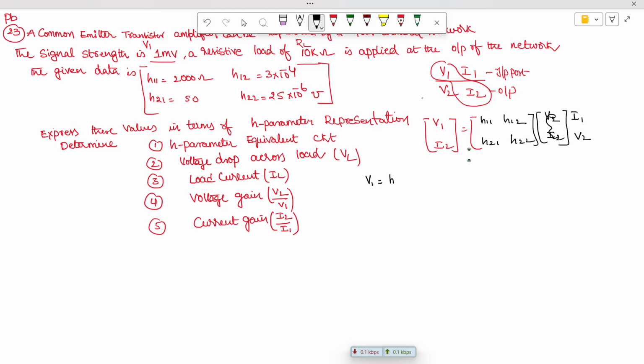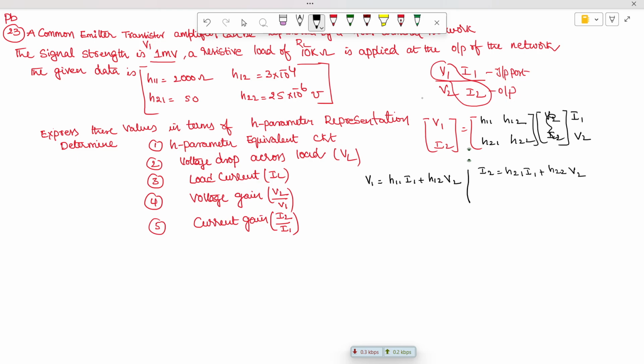So V1 is equal to H11 I1 plus H12 V2. And I2 is equal to H21 I1 plus H22 V2. So these are the two equations that we are having.